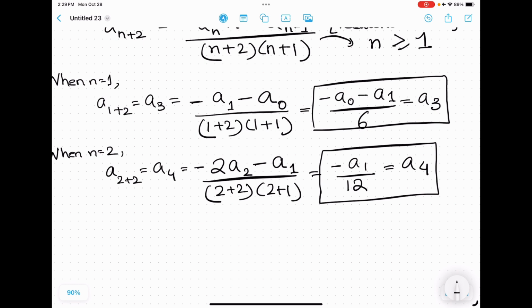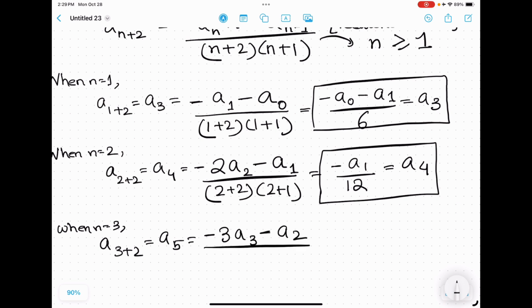Okay, all right. Then let's do n equals 3. So I have a sub 3 plus 2, which is a sub 5, equals negative 3 a sub 3 minus a sub 2, divided by 3 plus 2 times 3 plus 1. Again, my a sub 2 is a 0, so I'm just left with negative 3 a sub 3.